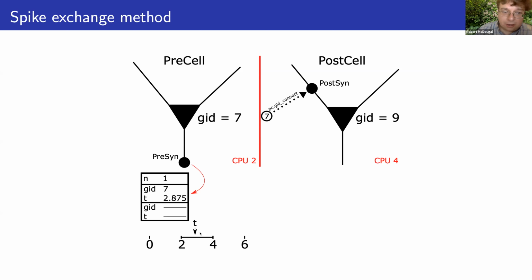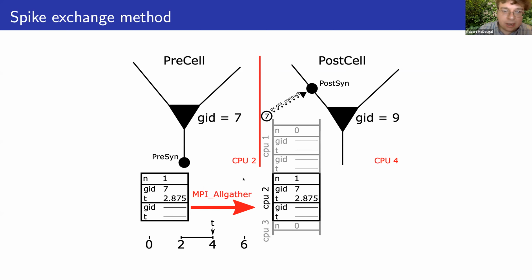Cool. So when we hit that next synchronization point at time 4, what happens behind the scenes is an MPI all together. If you don't know what this means, don't worry about it. But in any case, all of the processors are going to tell everybody about all of their spikes. And what that means is that CPU 4 is going to get some information from the second compute node saying that, hey, by the way, cell 7 fired at time 2.875 milliseconds.